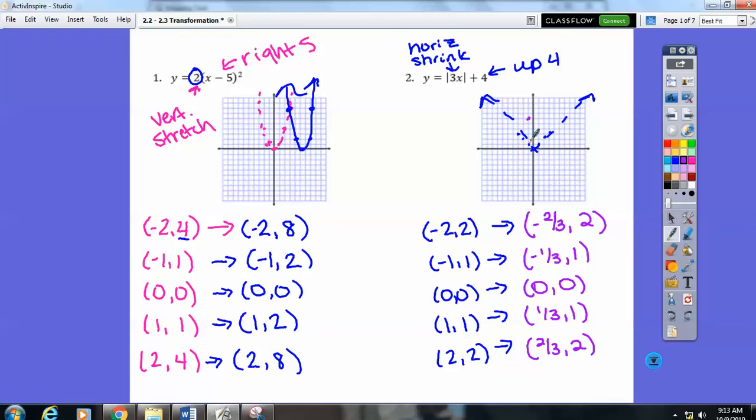Negative 1/3, 1, up 4. 0, 0, up 4. 1/3, 1, up 4. 2/3, 2, up 4. So what we're getting is this very skinny absolute value graph that's been moved up.